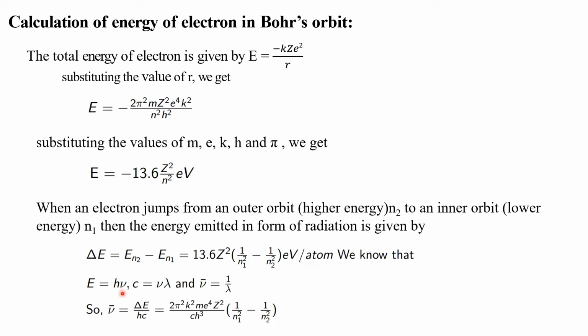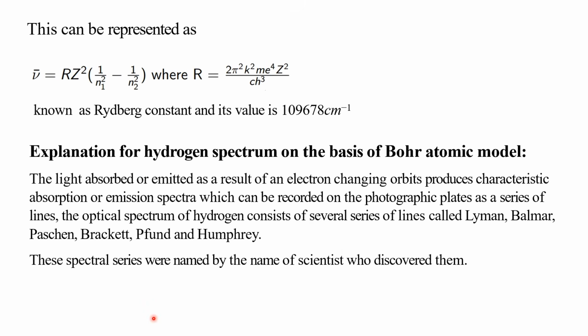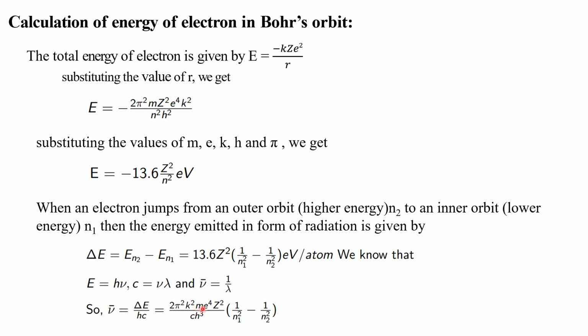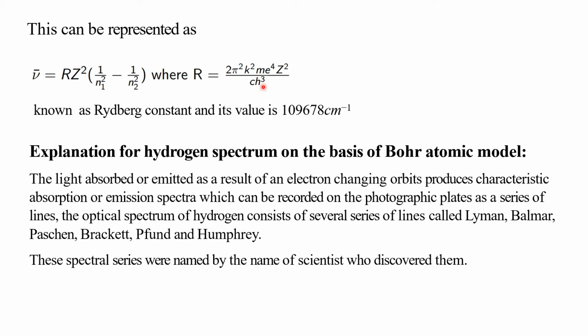We know E is h nu, c is nu lambda, so nu is c by lambda, and the wave number nu bar is 1 by lambda, or 1 by wavelength. So we get wave number as delta E by hc. If we substitute everything, we arrive at this expression for nu bar. And this constant term, 2 pi square k square e to the 4 z square by c h cube, is called the Rydberg constant or R H.